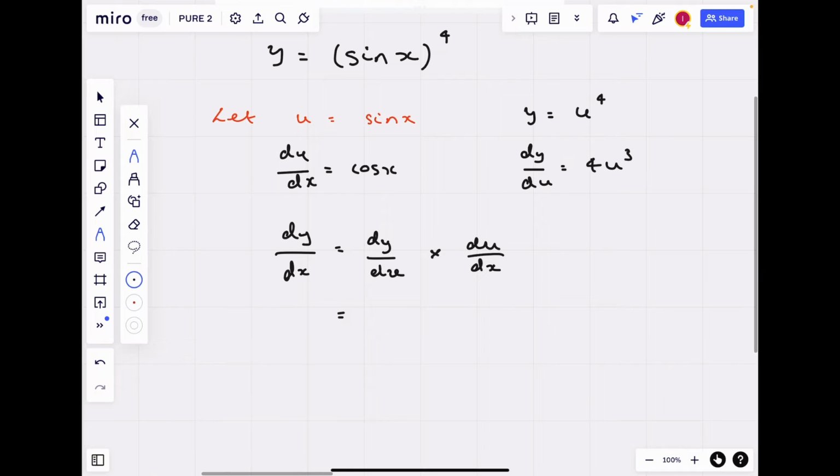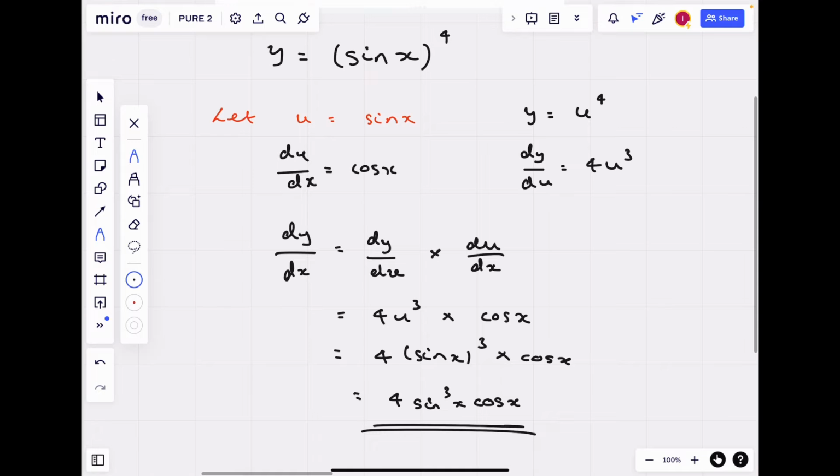So 4u cubed times cos x, which is 4 sine x cubed times cos x, which we can write as 4 sine cubed x cos x. That would be your final and most simplified answer.